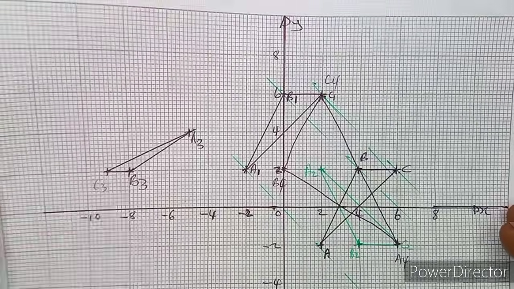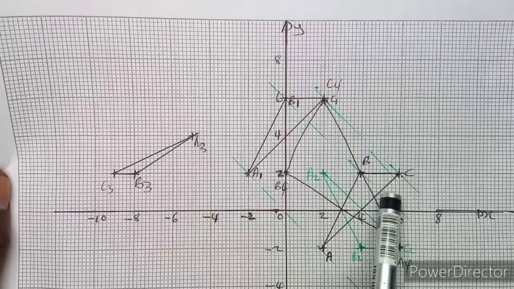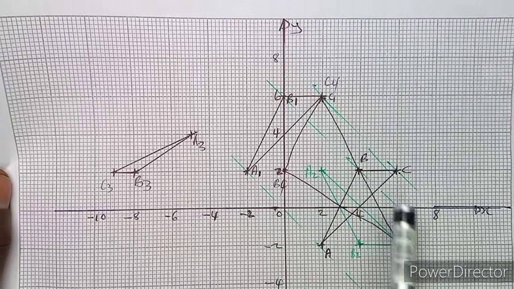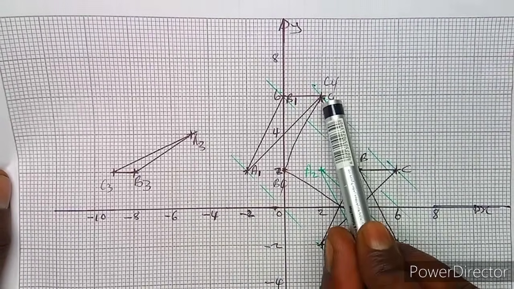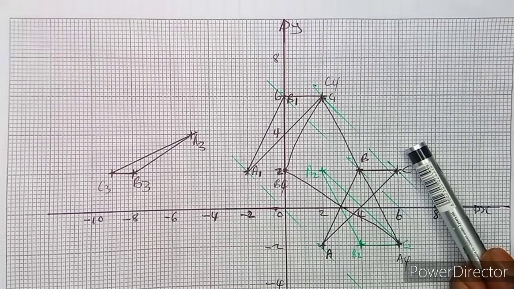Which one is the best that we are going to use? In this case, we are producing parallel lines. If we join these points A to A1, B to B1, C to C1, we are having parallel lines of equal length.